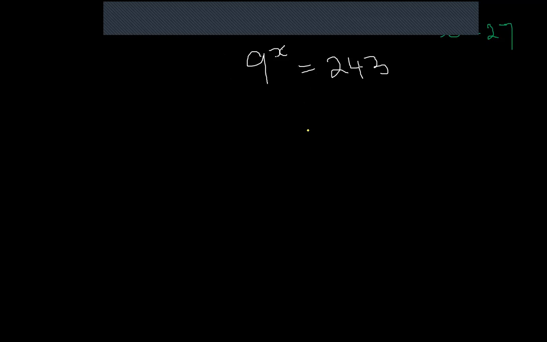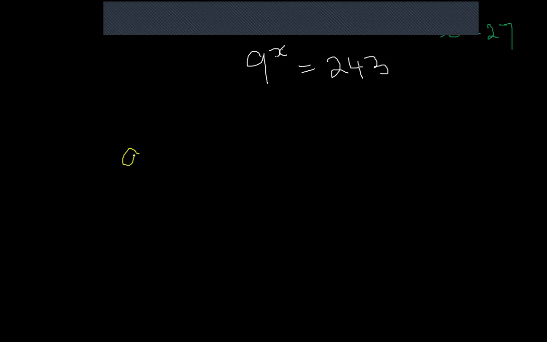Okay. So let me show you something. If I say 9 raised to the power of x, you might say, it might be possible, as in another question, if I have this to base 9, maybe I could change this to base 9 as well. However, that's not possible. Why?